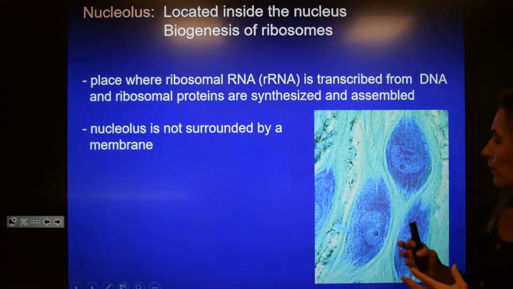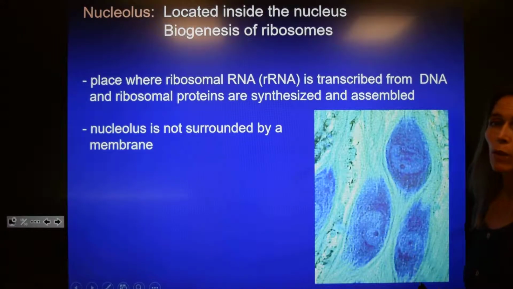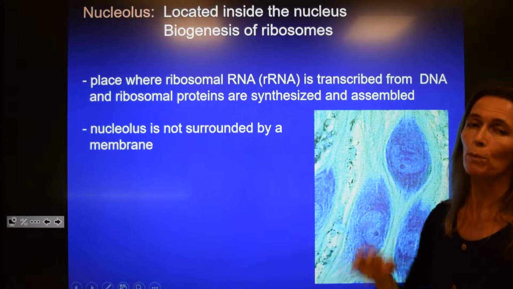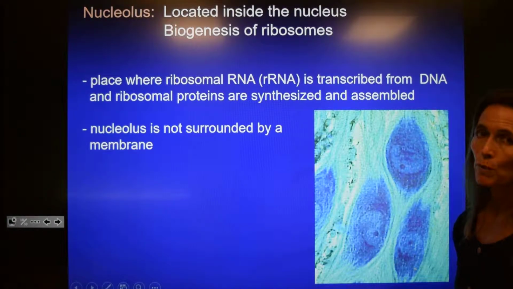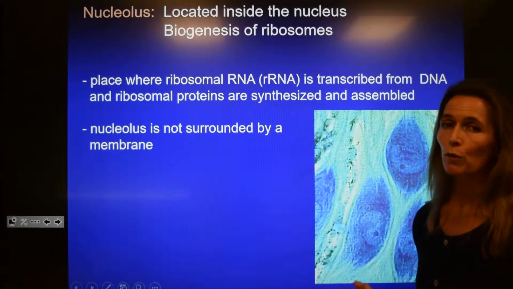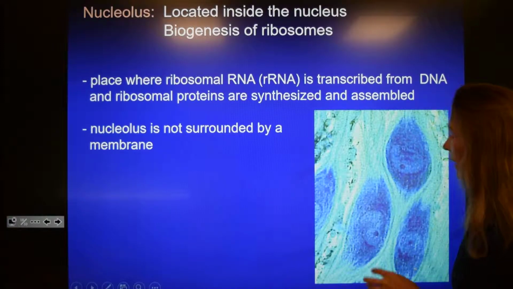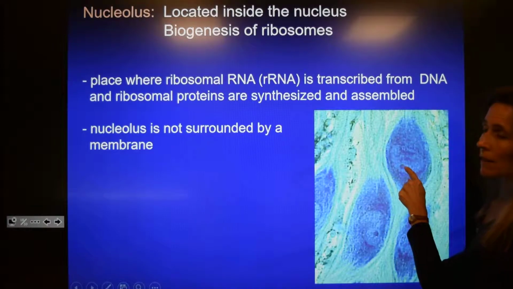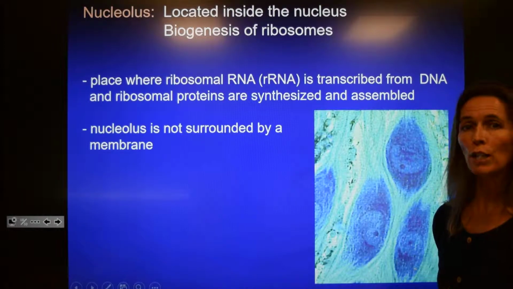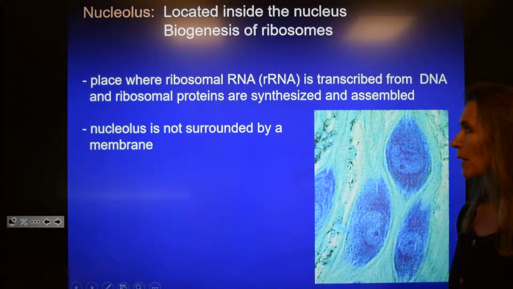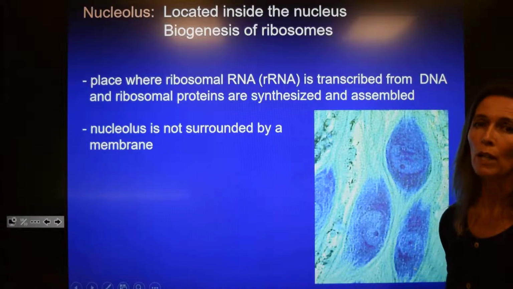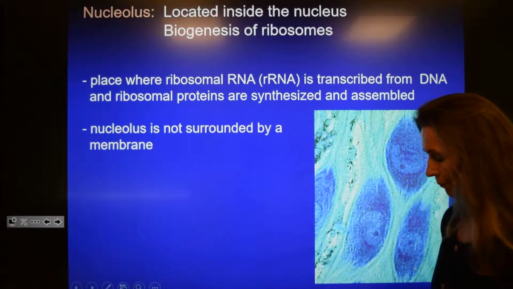The nucleus has also this nucleolus that I've talked about, and the nucleolus is the site where biogenesis of ribosomes takes place. So ribosomes, as we said earlier, are important for protein synthesis, and they are synthesized within this little electron-dense part here in the center of the nucleus. It is not surrounded by a membrane, but it contains high amounts of ribosomal proteins and ribosomal RNA.